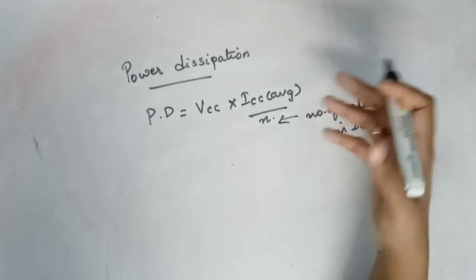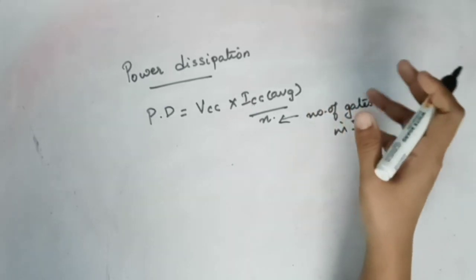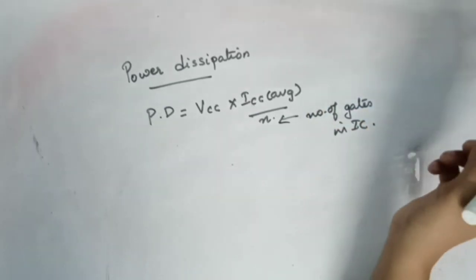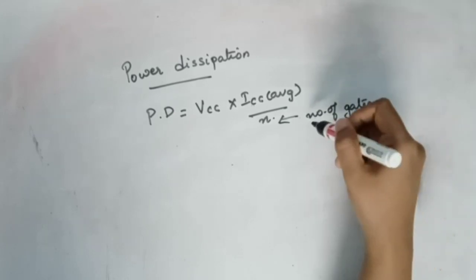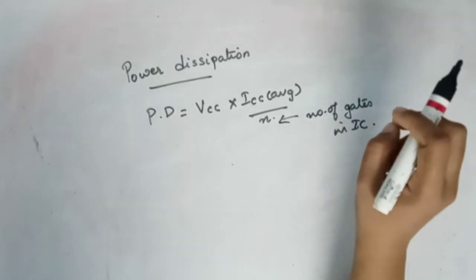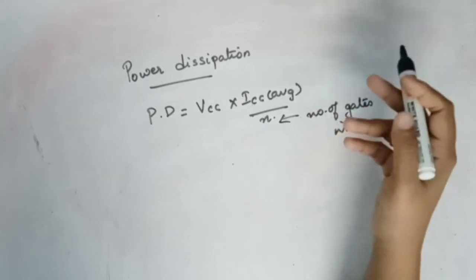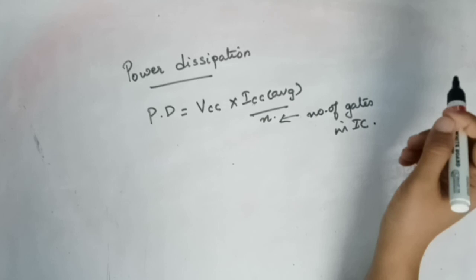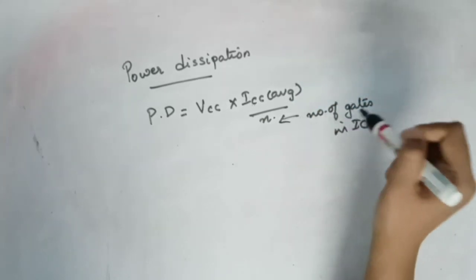Likewise, the number of gates inside an IC will change depending on the type of IC it is. So you don't have a single gate inside an IC. Normally you have multiple gates inside an IC. So N is the number of gates inside an IC.